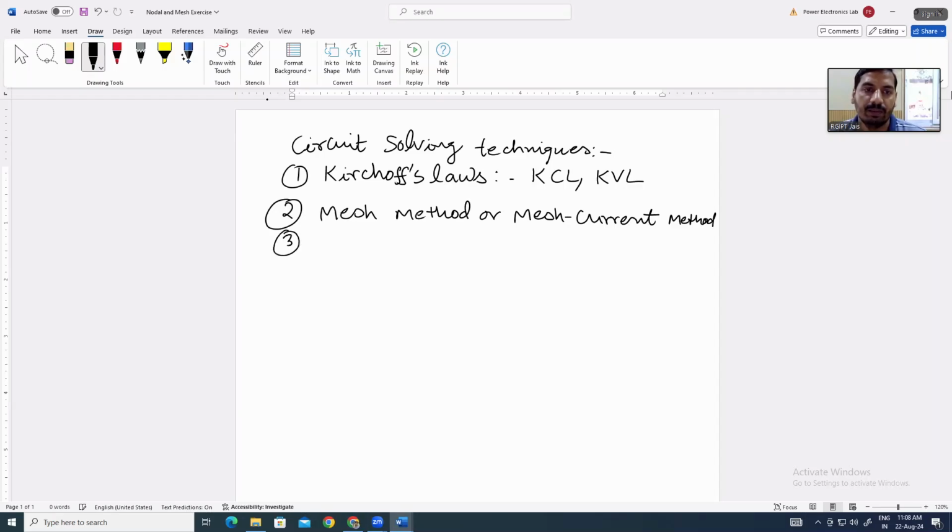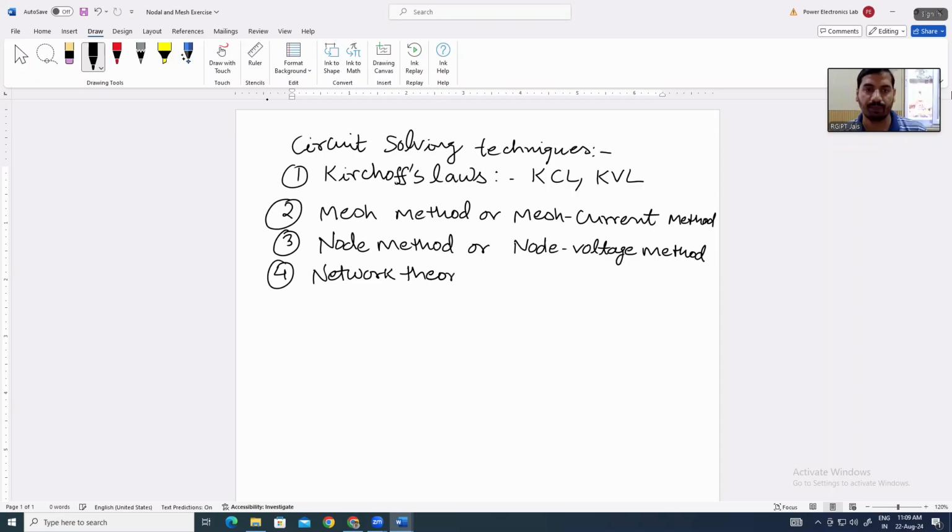Third one we will see is the node method, or nodal method. It is also called the node voltage method. After that, we will have some network theorems.